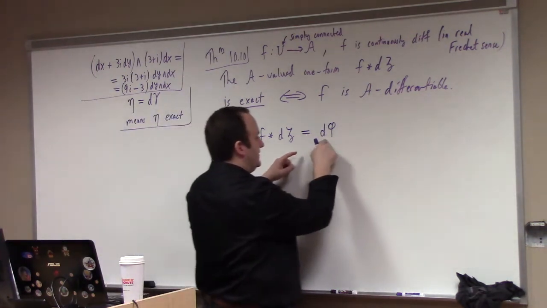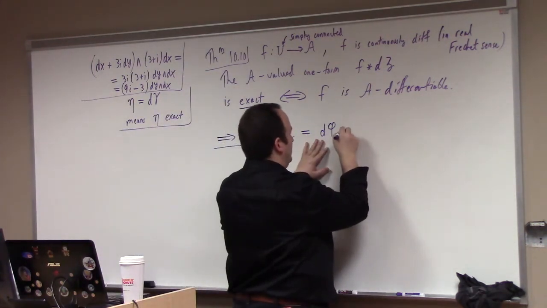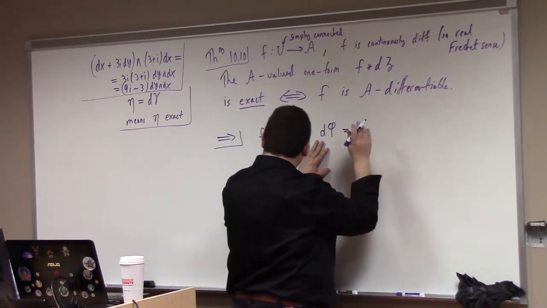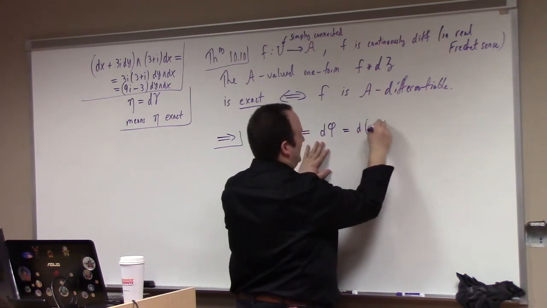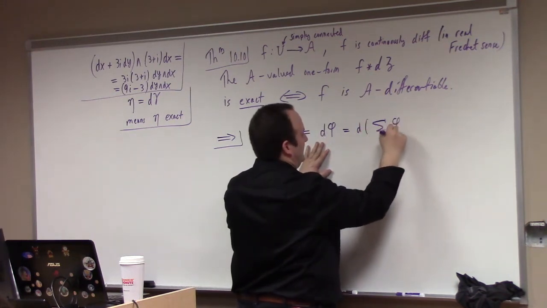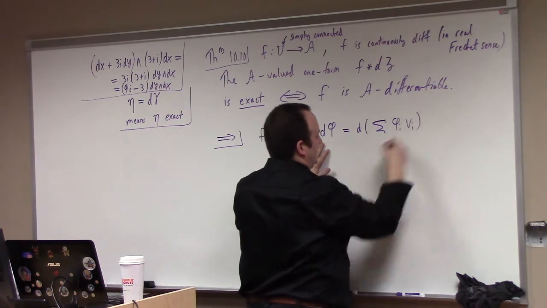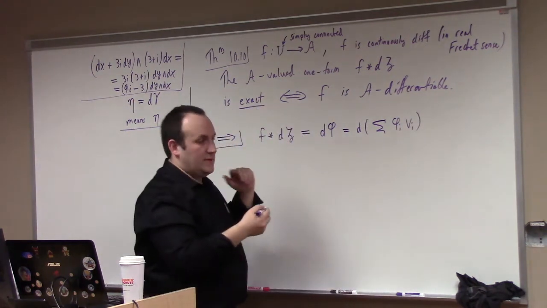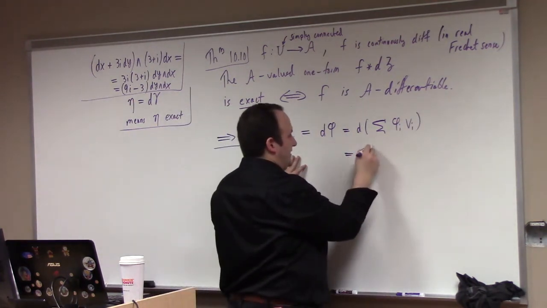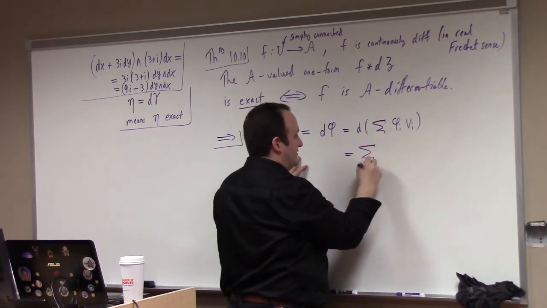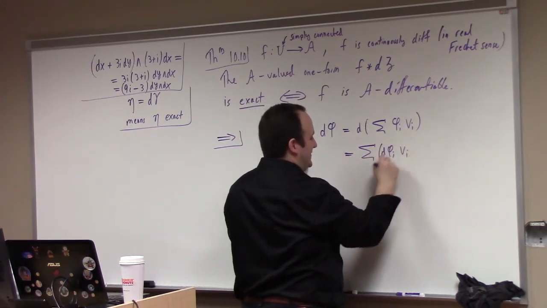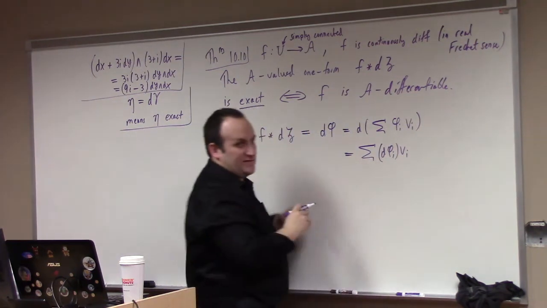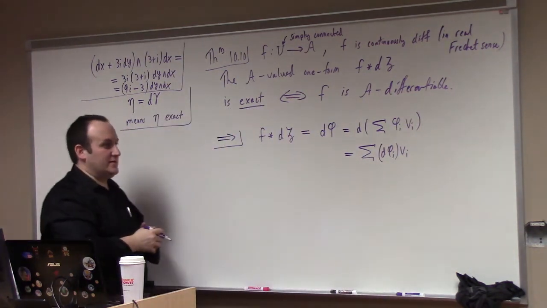So this should be something like d of the sum of vi. By a definition that I have not stated, but we all know, this is d phi vi. In other words, the differentiation just happens on the coefficients of the form, and the v rides along.